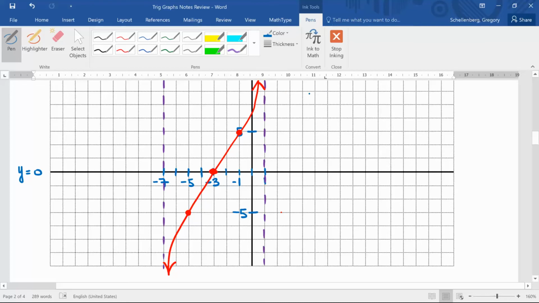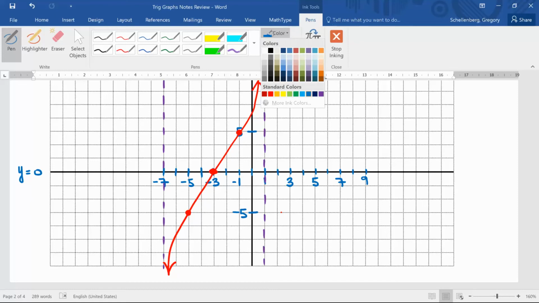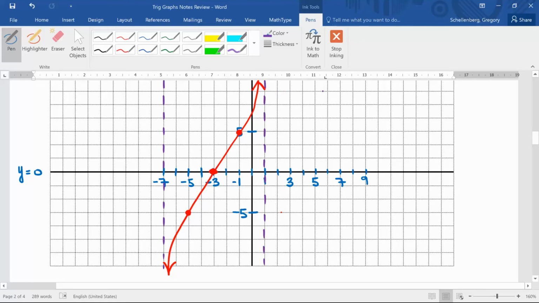Okay, so we'll add one more. 1, 2, this is 3, 4 and 5, 6 and 7, 8 and 9. Okay, so we have a vertical asymptote. The first positive one has the equation x equals 1.